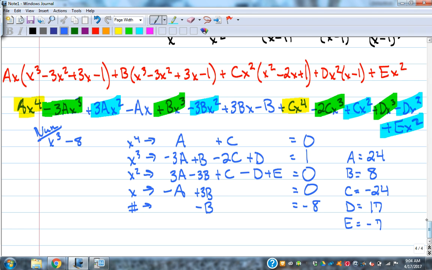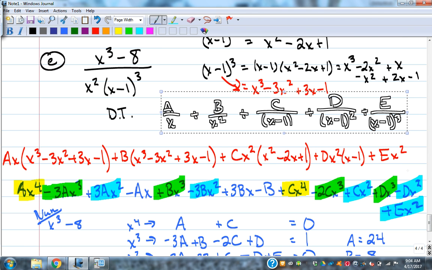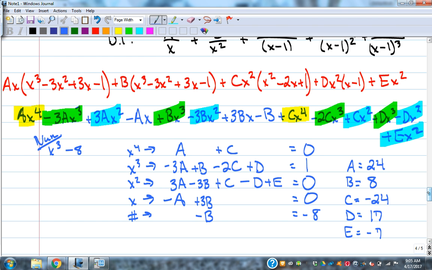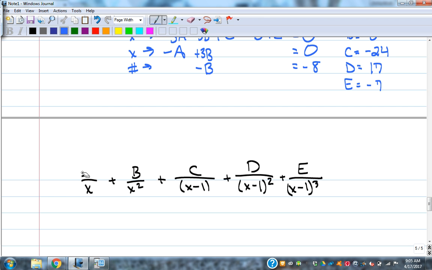And then you just go back to your decomposition template up here, and you replace the A, the B, the C, the D, and the E. You don't have an F. So A was 24, B was 8, C was negative 24, D was 17, E was negative 7.